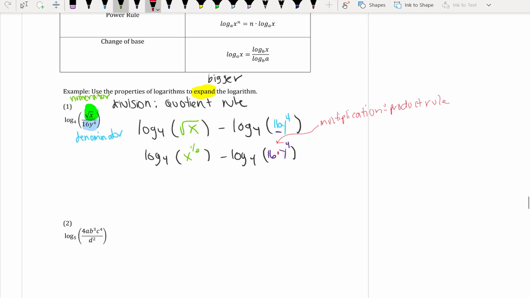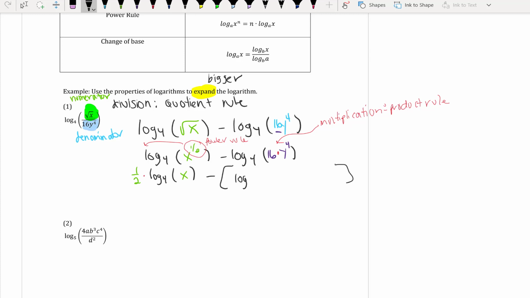So since I have this power here, we're also going to be using the power rule. So that power is going to come out in front. So I'm going to have a 1/2 that's being multiplied by log base 4, and I still have x in here, minus, and here, since I have the product rule, I'm going to go ahead and do this in brackets.